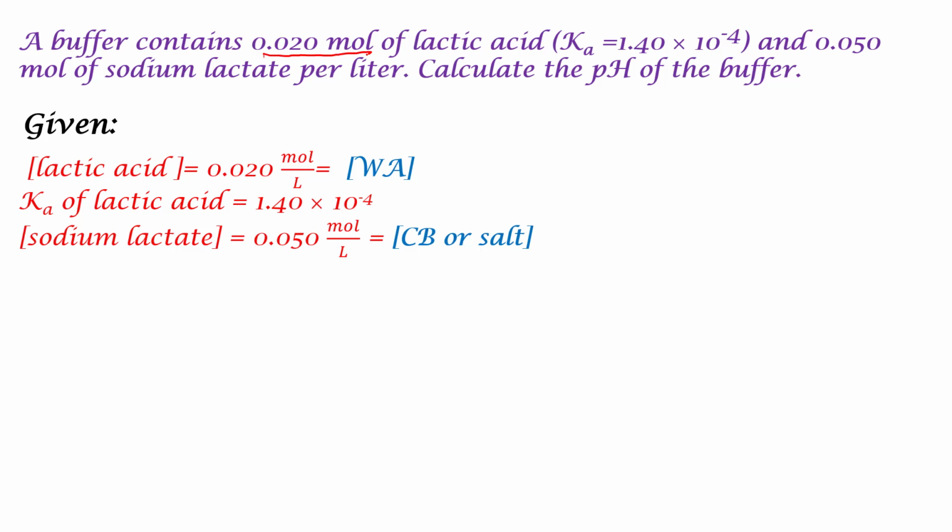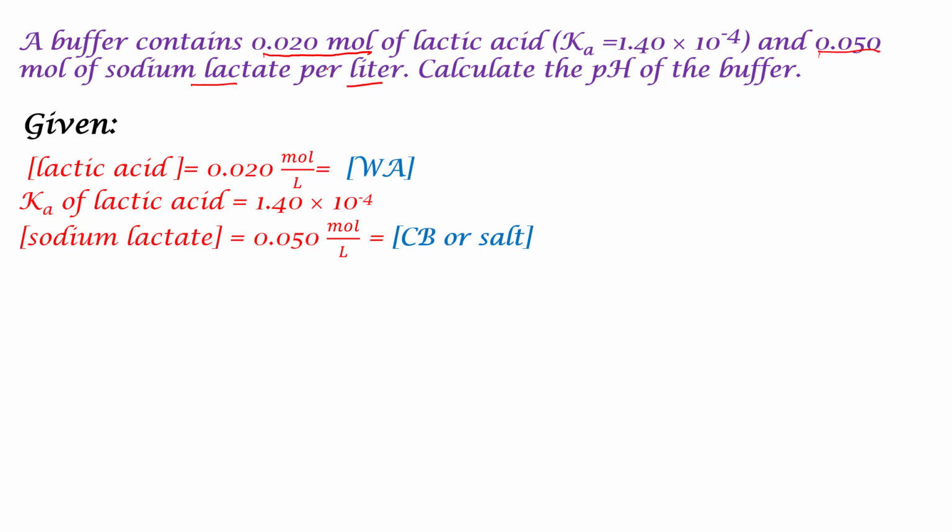It just doesn't say it's a concentration, and you won't get the feel that it's actually talking about concentration of lactic acid until you get to the end of the statement where it says it contains 0.02 moles of lactic acid and 0.05 moles of sodium lactate per liter.